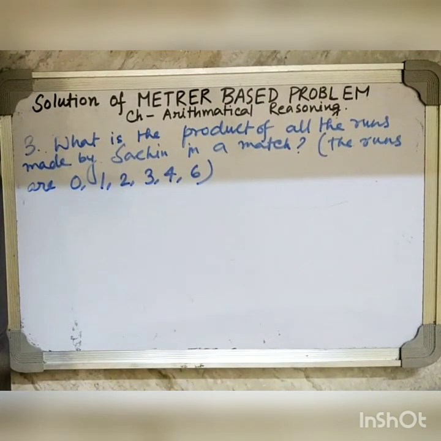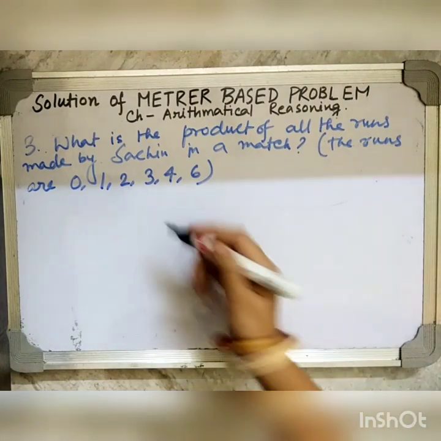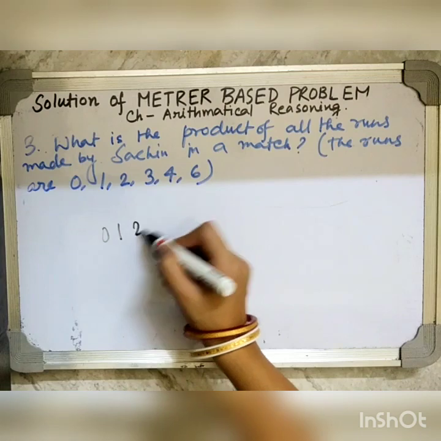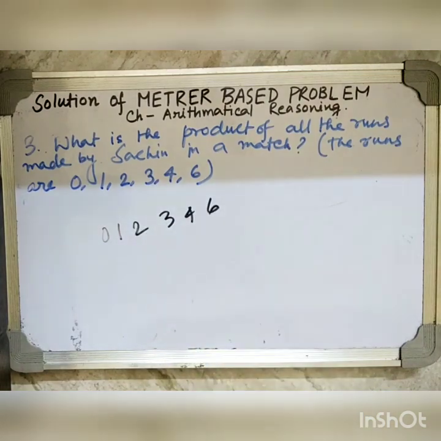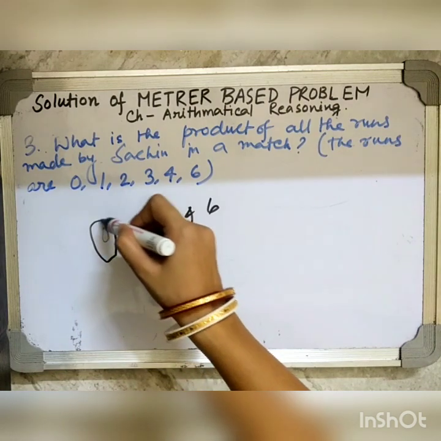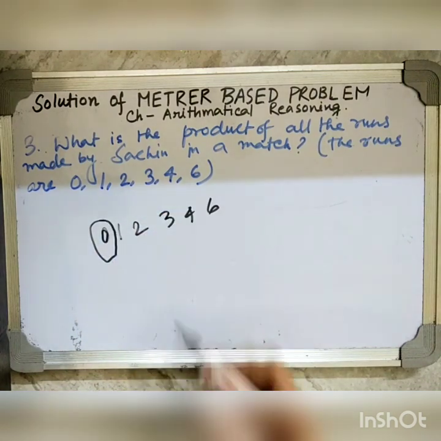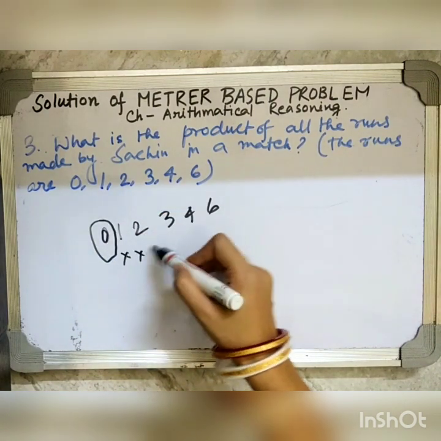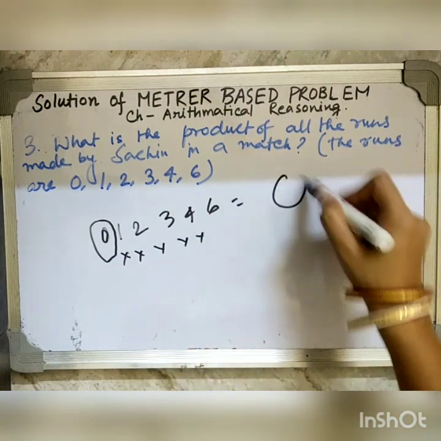Now in question number 3 it was written, what is the product of all the runs made by Sachin in a match? Okay. So the runs are 0, 1, 2, 3, 4, 6. These are the runs. But whenever this 0 will be present anywhere, the product of all the numbers will be 0.